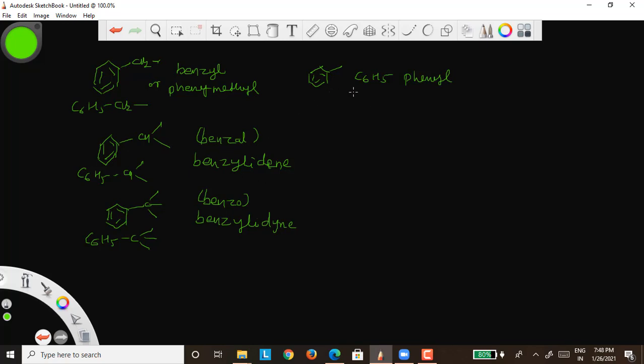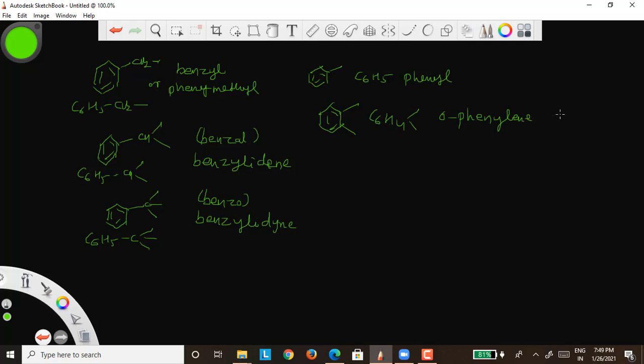Now suppose this is phenyl group. Now what you do? Suppose in benzene two connections are there in ortho position. So this formula is C6H4, two connections are there. So this name is orthophenylene.